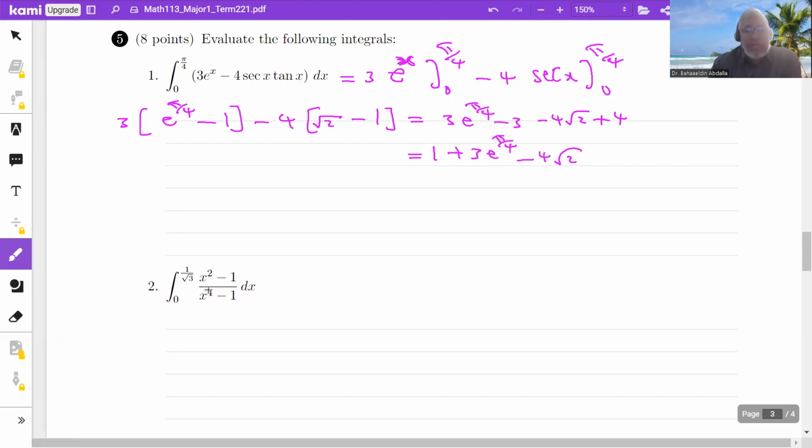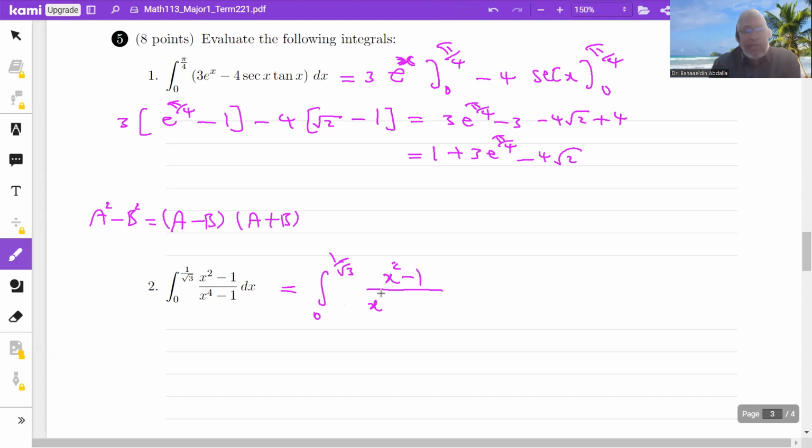But if you notice, I have x squared minus 1 and x^4 minus 1. And in fact, I can factor, I can simplify this integral first. x to the power 4 minus 1, I can use the formula difference between two squares, a square minus b square is a minus b times a plus b.